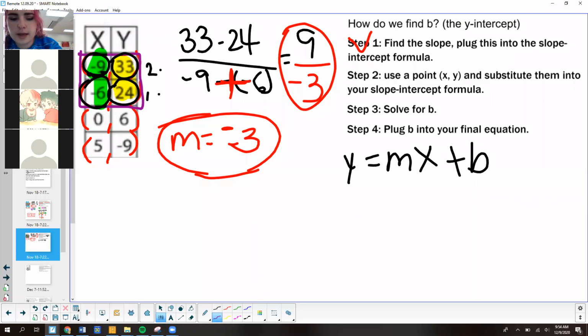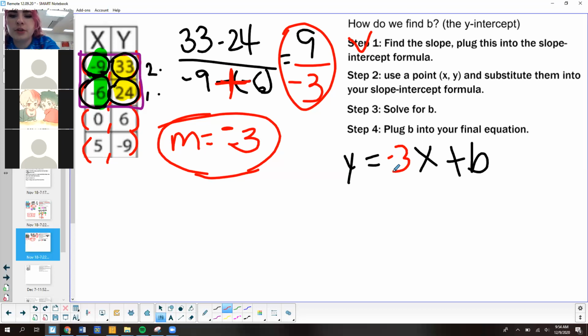Next, we're going to substitute m, because remember, m is our slope. Why did the math gods make m represent slope? I don't know, but we're going to roll with it. And I don't want that to be, hold on one second, that looks like it's a minus. All right, so we've got -3 in there.